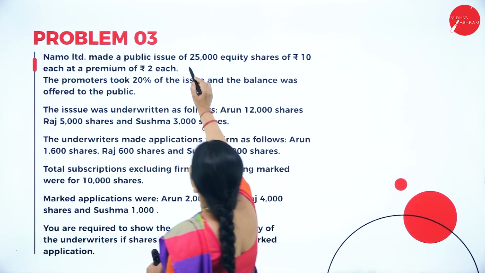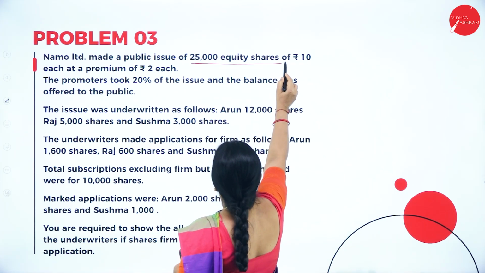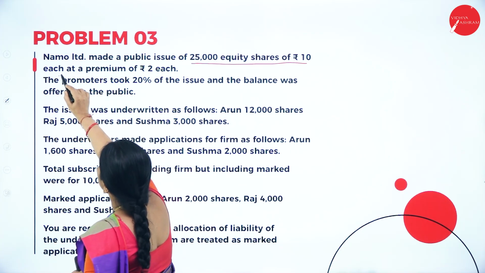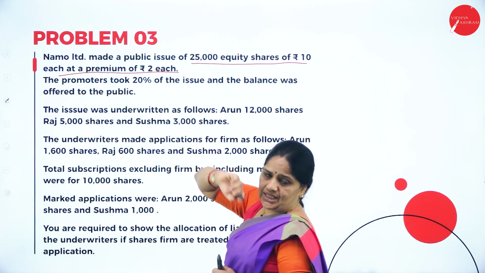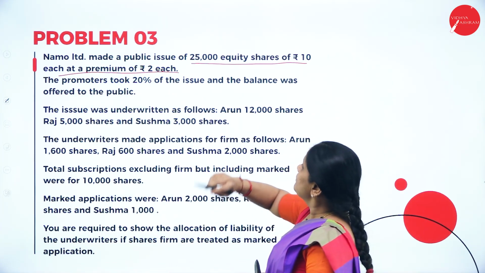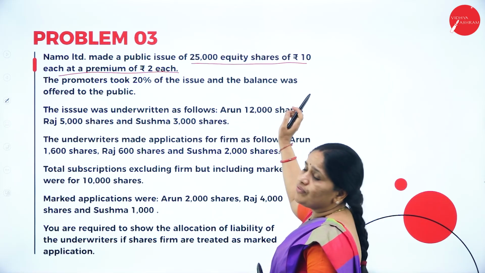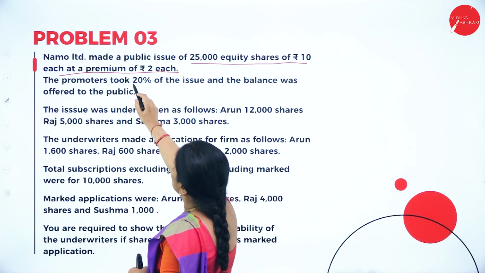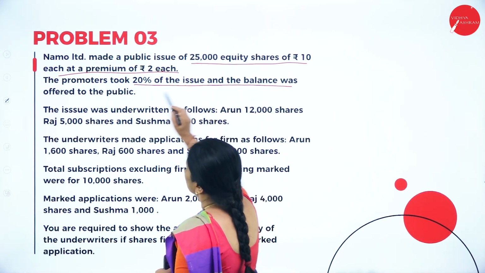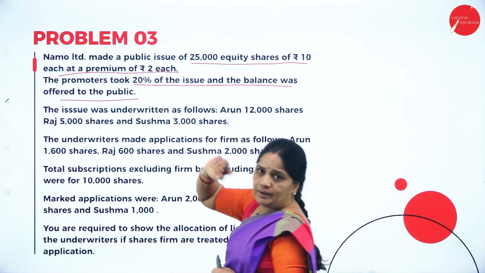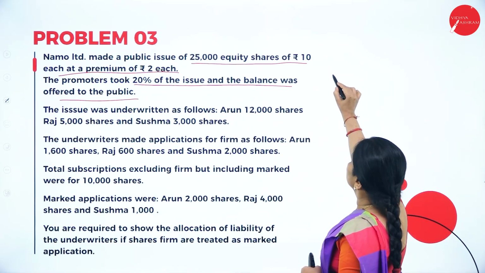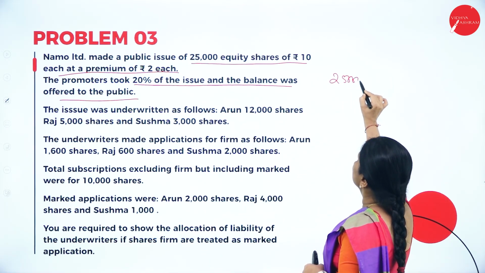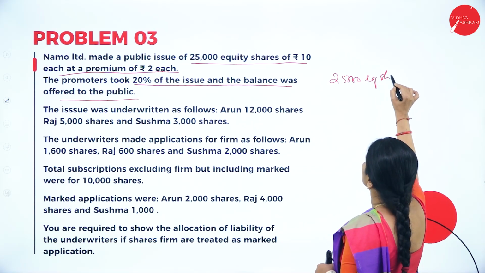Namur Limited made a public issue of 25,000 equity shares of rupees 10 each at a premium of rupees 2 each. The promoters took 20% of the issue and the balance was offered to the public. Now what is the total issue here? 25,000 equity shares.